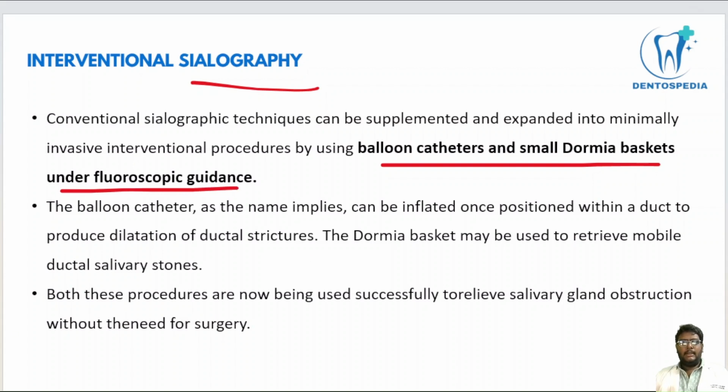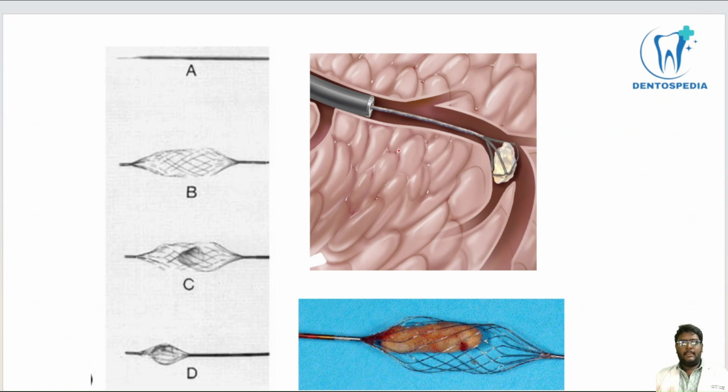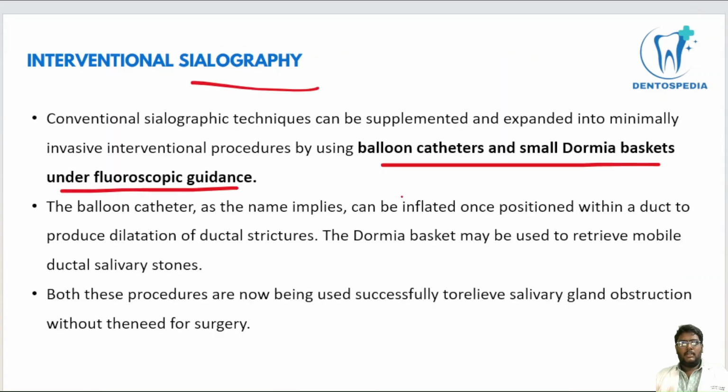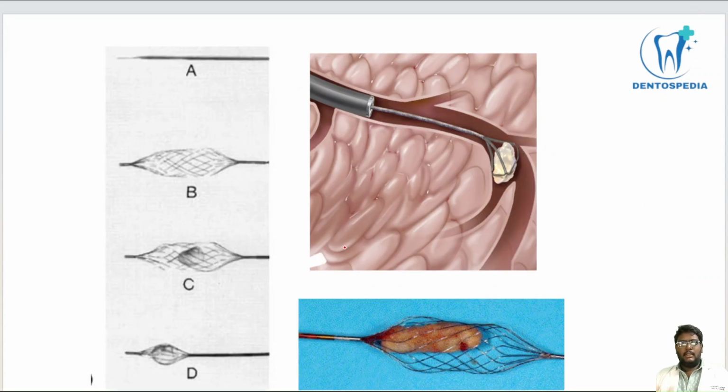Okay, and you can see here there is a stone at a complex position, right? In these cases you can't easily evacuate the stones, so that's why we use instruments called balloon catheters. Here you can see the catheter, right? It can be inflated easily.